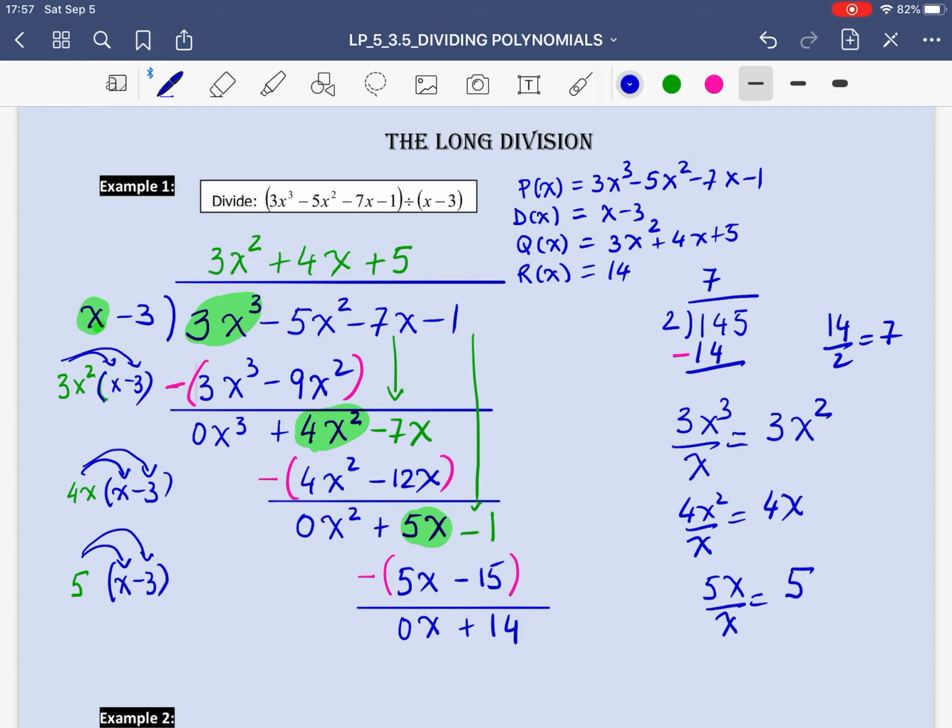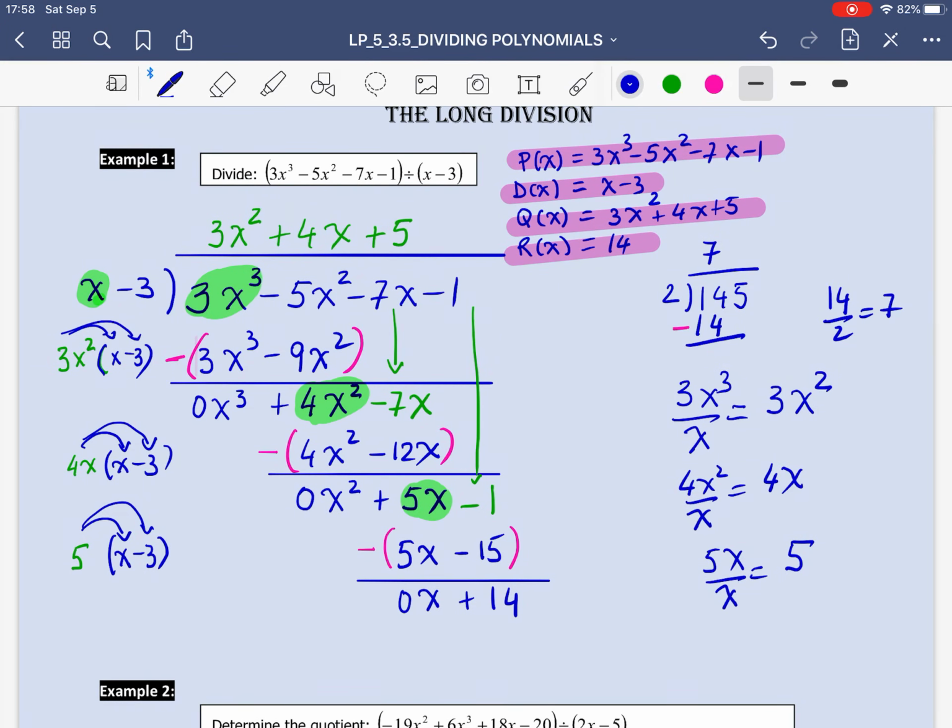Okay, so if we were asked to write a division statement, I'm just going to highlight them, then we're going to say that p(x), which is the dividend, 3x cubed minus 5x squared minus 7x minus 1, divided by the divisor x minus 3, equals the quotient, which is 3x squared plus 4x plus 5, plus the remainder of 14, which still has to be divided by x minus 3.